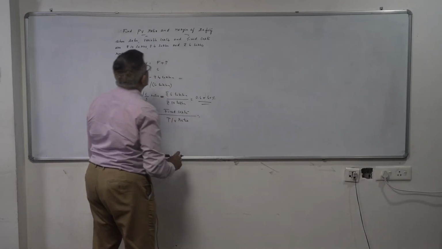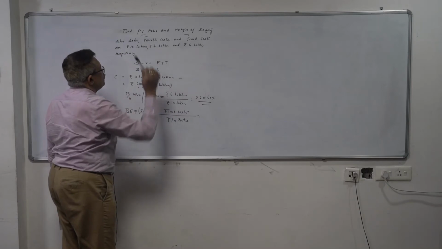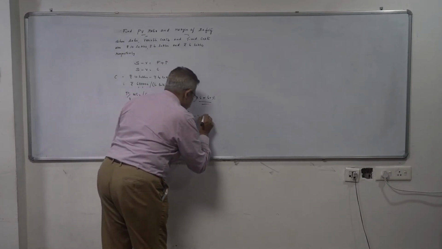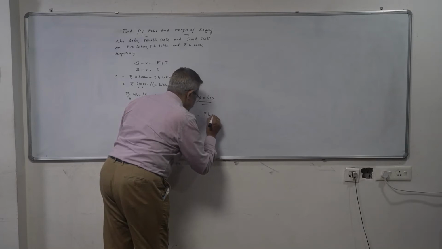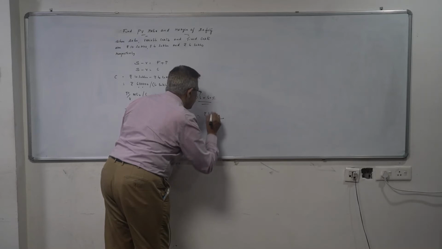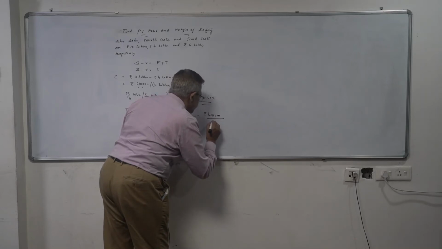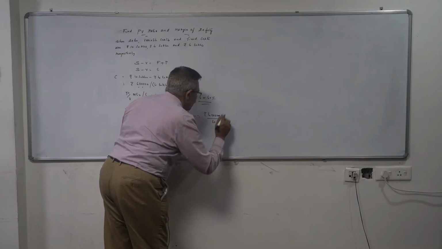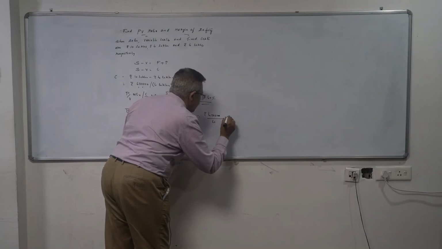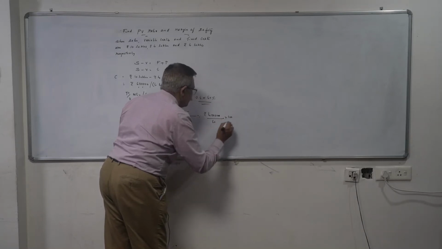We know the fixed costs, which is given as 4 lakhs, divided by 60%. 60 by 100. So in the numerator I can take that into the numerator.